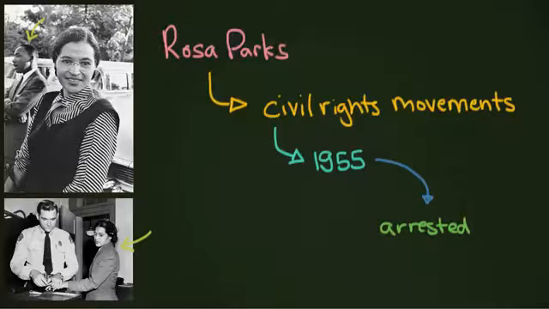And she asks the question, Rosa here, she asks the question, why do you always push us around? And the officer, some guy like this here, responds, I don't know, but it is the law and you are under arrest. And here you see a very strange tension then, there's this space between law and human rights.